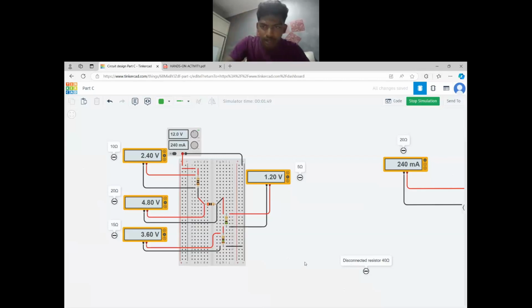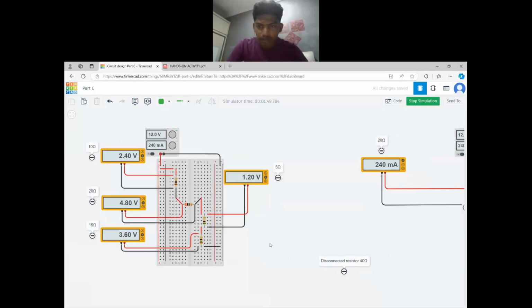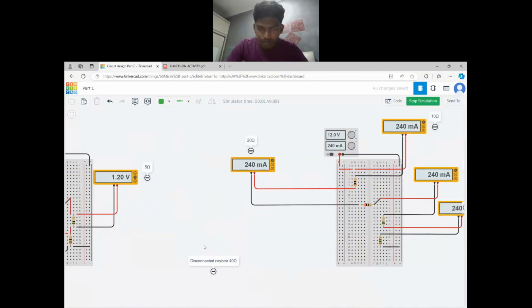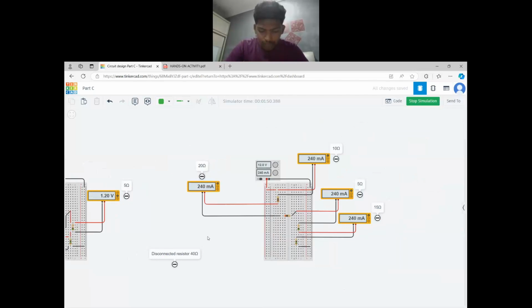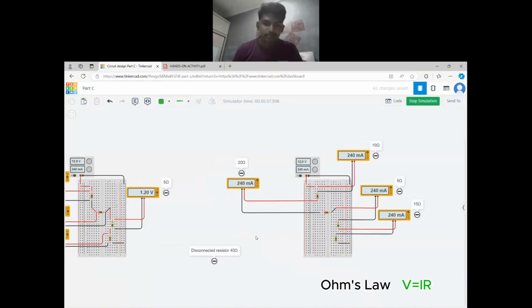This is the voltage measurement, and on your right side, the current measurements. You can calculate the current through each resistor using Kirchhoff's voltage law, or you can also use Ohm's law, V equals IR.